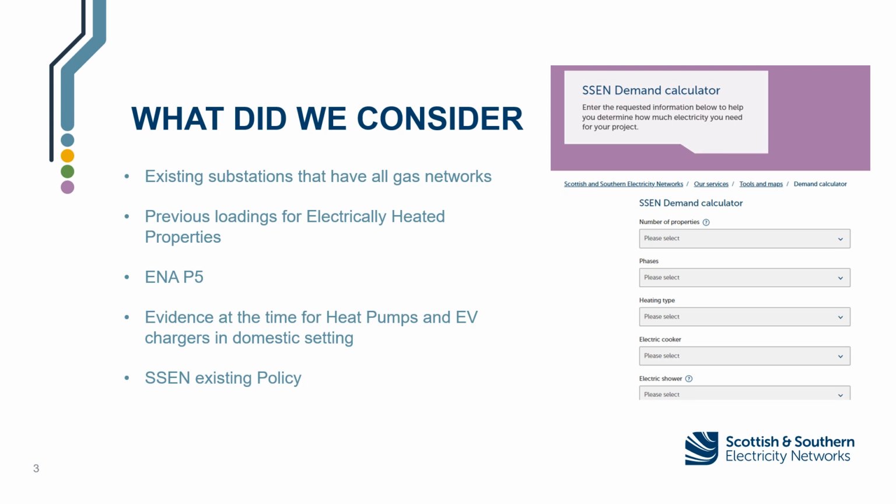We used ENA engineering recommendation P5 to decide if there were any relevant sections that could be used for our network as well. This included looking at the heat pump profile that was in ENA P5, and we actually adopted that profile. We determined that heat pumps were being confused as far as the output heat is in kilowatts.